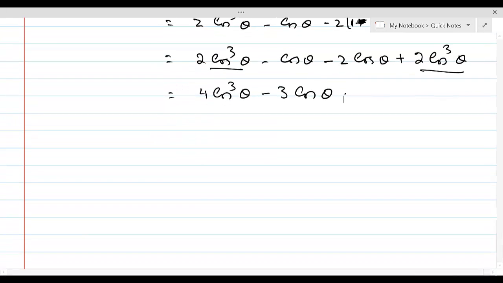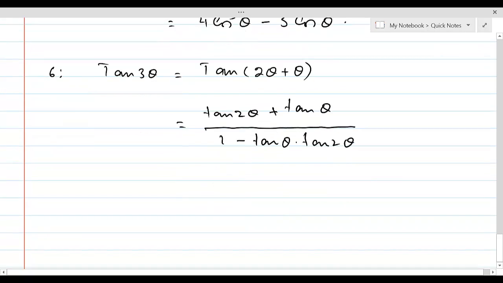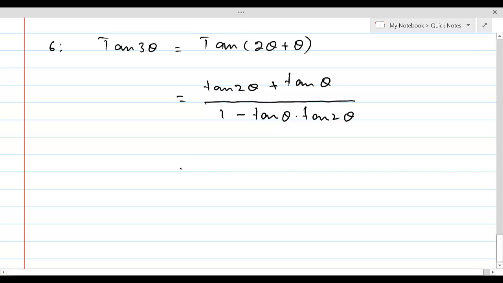And similarly, I hope you can do it for tan, number 6. Tan 3 theta is equal to tan of 2 theta plus theta, and you can expand it as tan 2 theta plus tan theta divided by 1 minus tan theta into tan 2 theta, and this can be opened by using double angle identities.